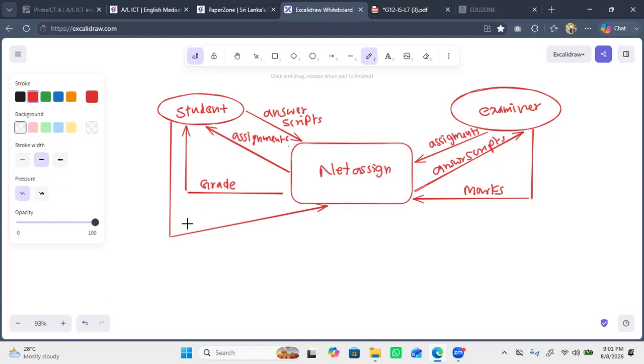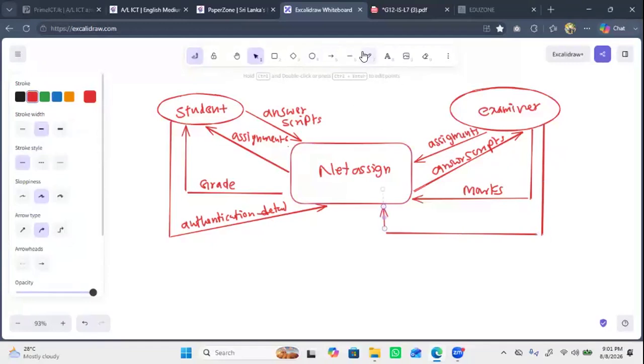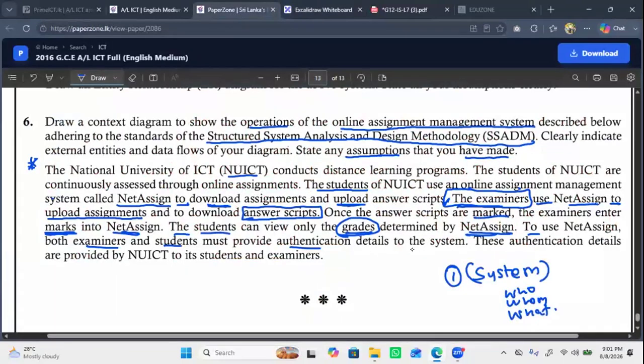Then the examiner also should give the same thing. Authentication details. After that, to the system.